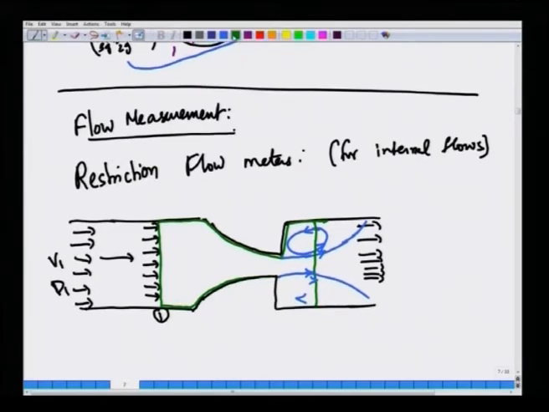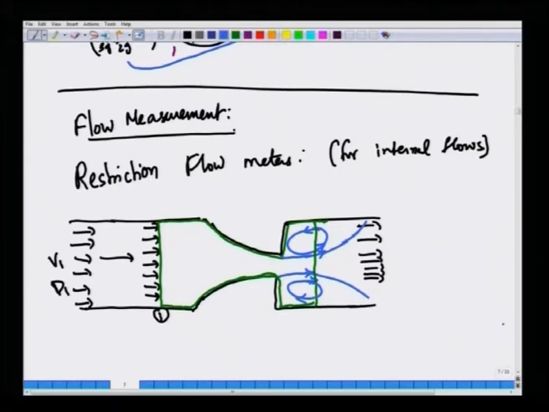Let me draw the CV again. This is our CV. So fluid is coming in like this, far away it is uniform, and it is restricted deliberately by the flow meter. So here the velocity will increase, and because there is a sudden expansion, there will be some recirculating zones of fluid like this in the downstream of the contraction, and the fluid eventually leaves.